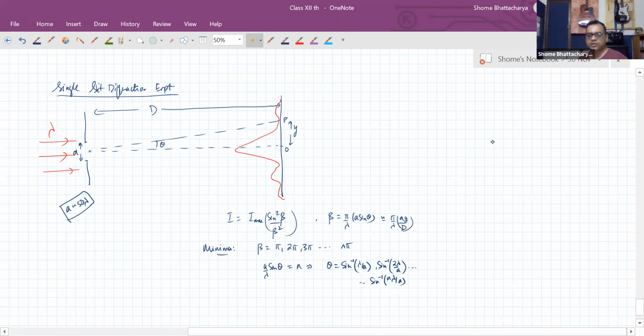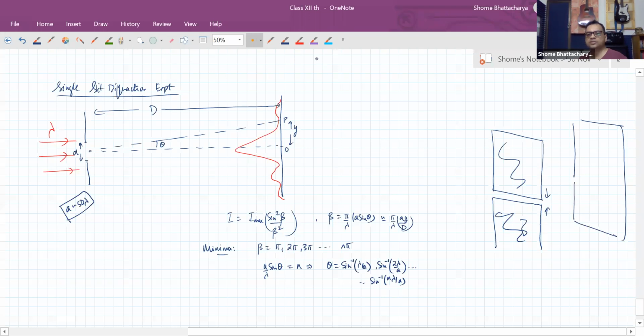Now in this you understand that three-dimensionally what is happening is that on the wall you have a slit like this. Therefore on the screen in front, what you are seeing is alternate bands of bright and dark light: bright fringe, dark fringe, on the right side.